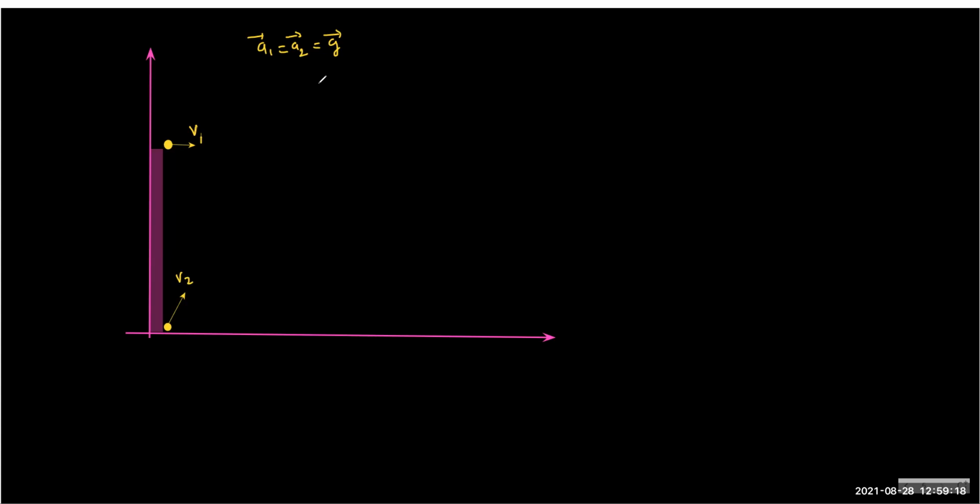If I choose one of the particles as my observer, then the expression for acceleration will never appear. Why? Because they have the same acceleration always. So there is no question of relative acceleration. One cannot see two as accelerating, and two cannot see one as accelerating.